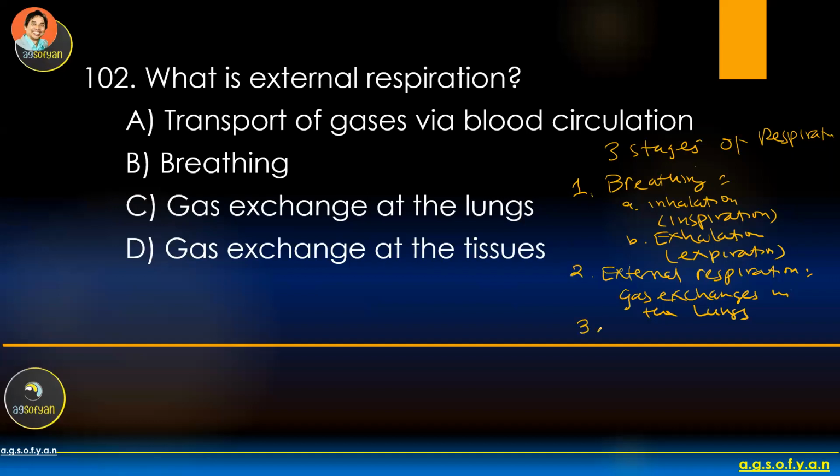Then the third stage happens over here, called internal respiration, which is gas exchange in the tissue cell. So these are the 3 stages of respiration: breathing, external respiration, and internal respiration.